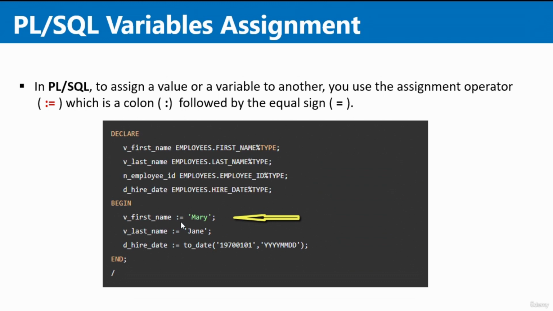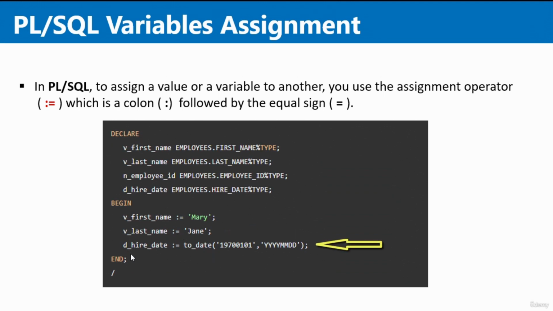We're using that to assign a value of Mary to the first_name variable. And in the v_last_name variable, again, we're using the variable assignment to assign a value Jane to the v_last_name variable.